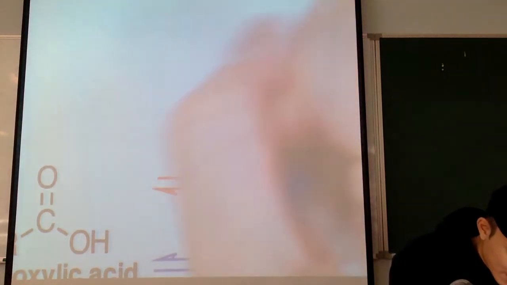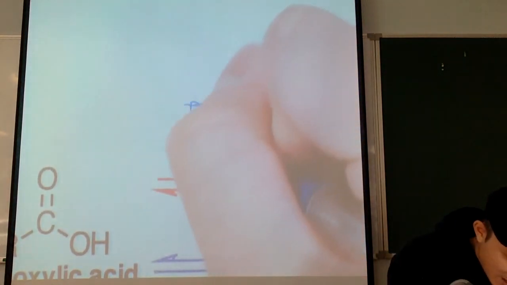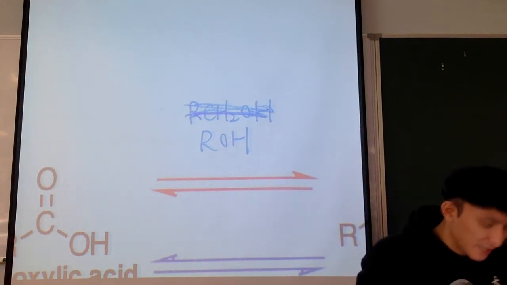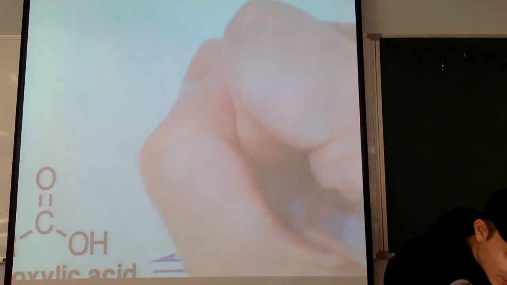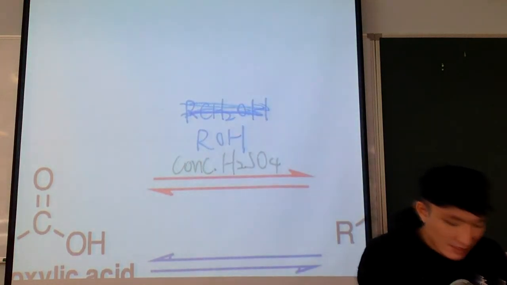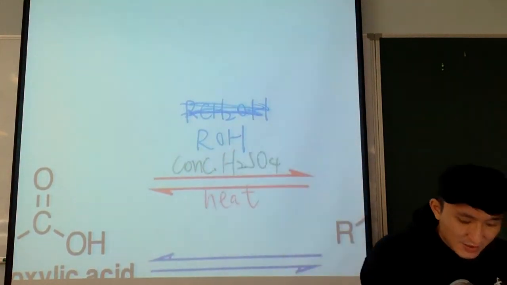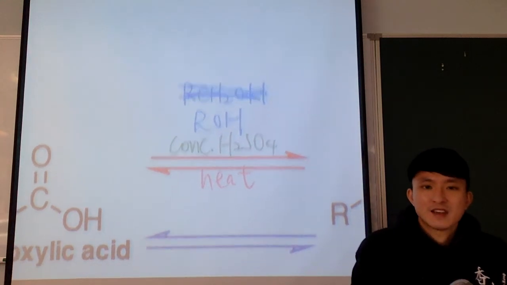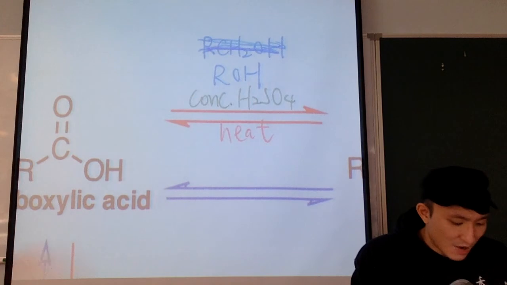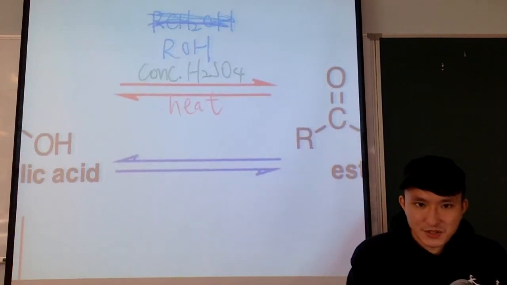I think ROH is better. You need an alcohol and then you need a catalyst, which is concentrated sulfuric acid, and you must heat it. So all three items are necessary. This is how carboxylic acid becomes esters.